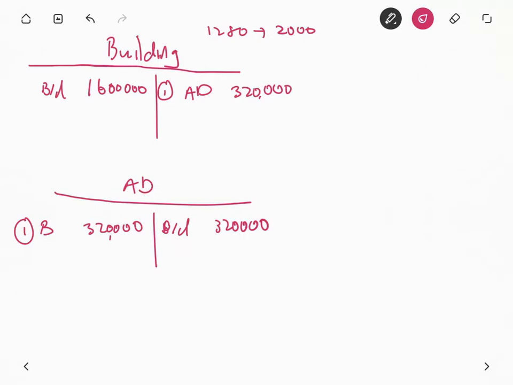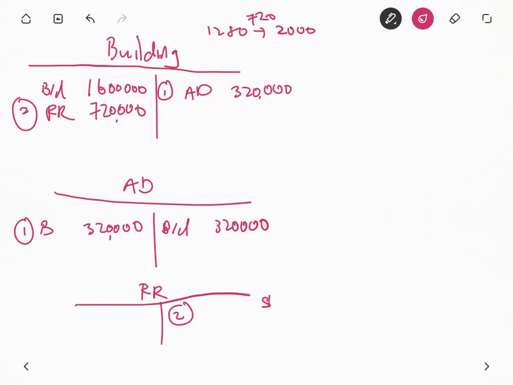Revalue by 72. Step 2. Credit. Is it okay? Next.